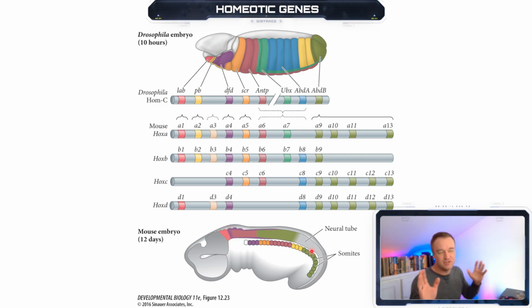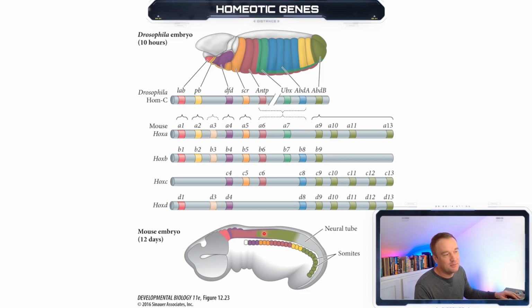So this is the whole evo-devo, evolutionary development, where way back when mouse and Drosophila shared a common ancestor, this developmental patterning has been conserved throughout that time, right?